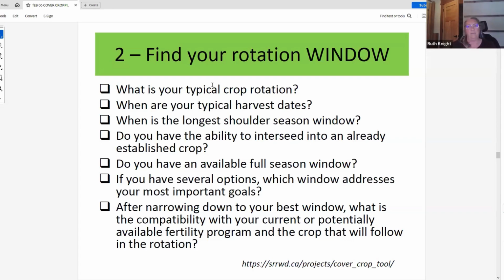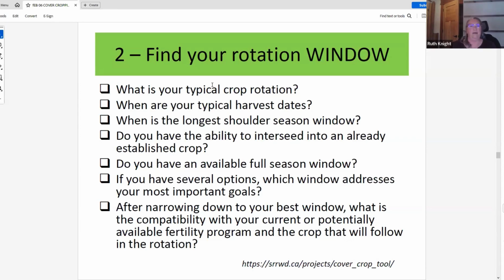And then the opportunities for a full season window, I see lots of you utilizing that, where you may be growing a crop one season and a full season cover crop the next season, helping to keep ahead of your weed management issues, as well as keeping nutrient cycling going. So there are several options, and which window addresses your most important goal?